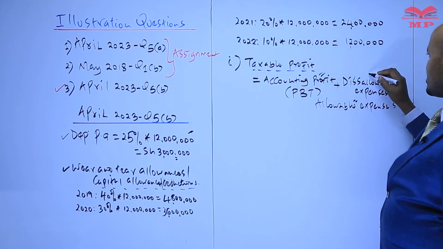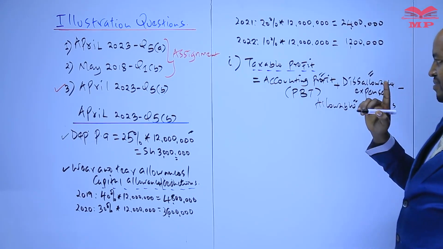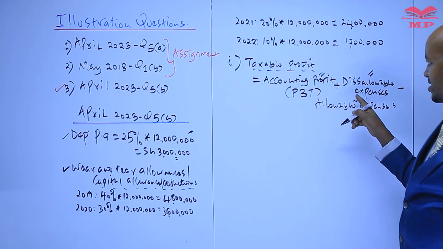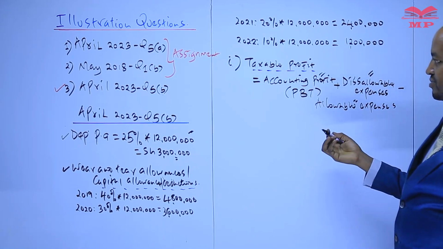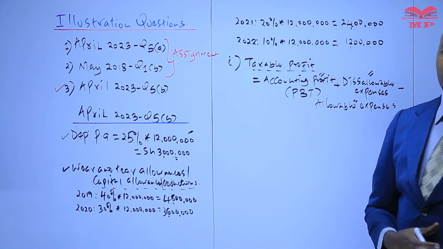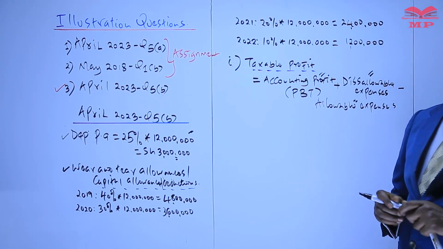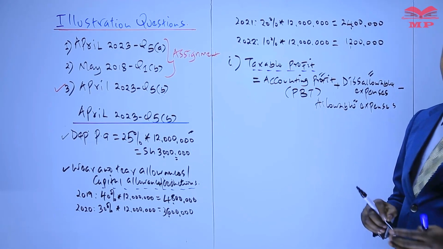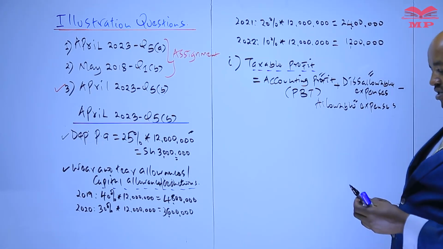On the other hand, here we only have one disallowable expense, and that is the depreciation. The reason we are adding back the depreciation is that in arriving at the profit before tax which you are given, depreciation has already been deducted, but according to the existing tax rules, depreciation is a disallowable expense.